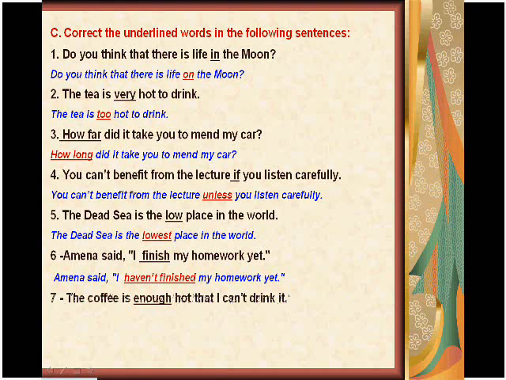Number 7. The coffee is enough hot that I can't drink it. Of course here, enough is wrong, huh? And they are telling you, please correct this word. So, what is the key word here? If you look at the key words, you will find it very easy to correct this. You have that.